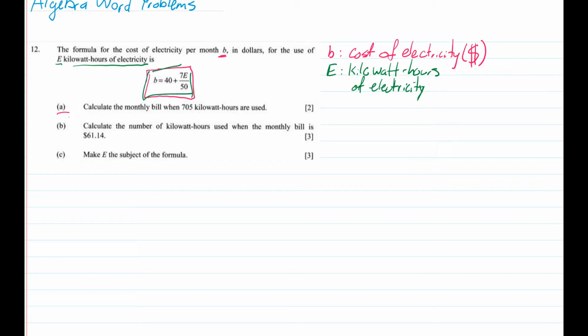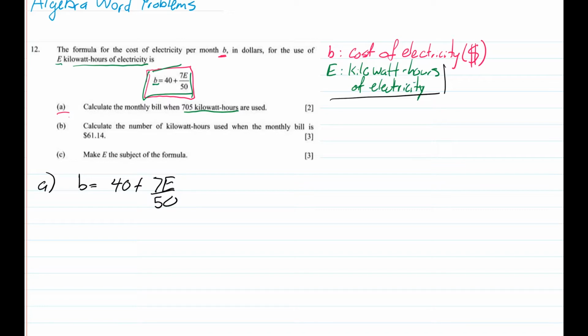So let's look at it. A says calculate the monthly bill. If I know that B is the bill, and they're giving me 705 kilowatt hours, that just means we need to substitute that in somewhere, right? So for part A, we have B is equal to 40 plus 7E divided by 50, and we know that E is the kilowatt hours of electricity.